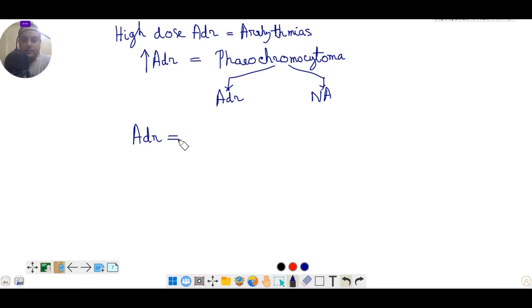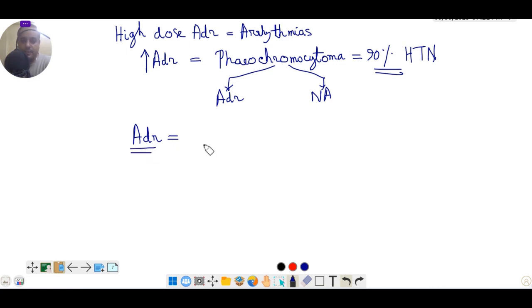Now 90% of patients of pheochromocytoma will present with hypertension. And the patient that we are discussing, his pheochromocytoma is releasing adrenaline.